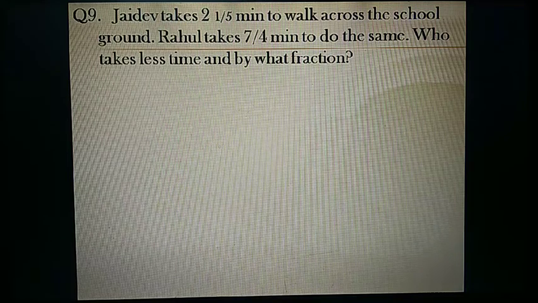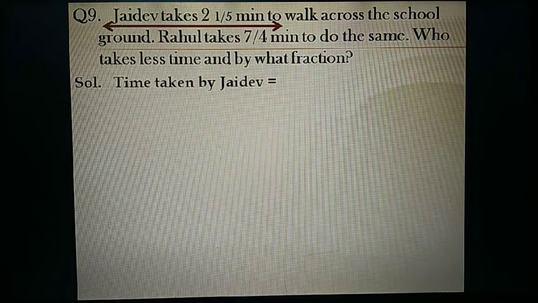Next, Jaydev takes 2 1/5 minutes to walk across the school ground. Rahul takes 7/4 minutes to do the same. Who takes less time and by what fraction? Again, we have to compare and you have to find the difference.